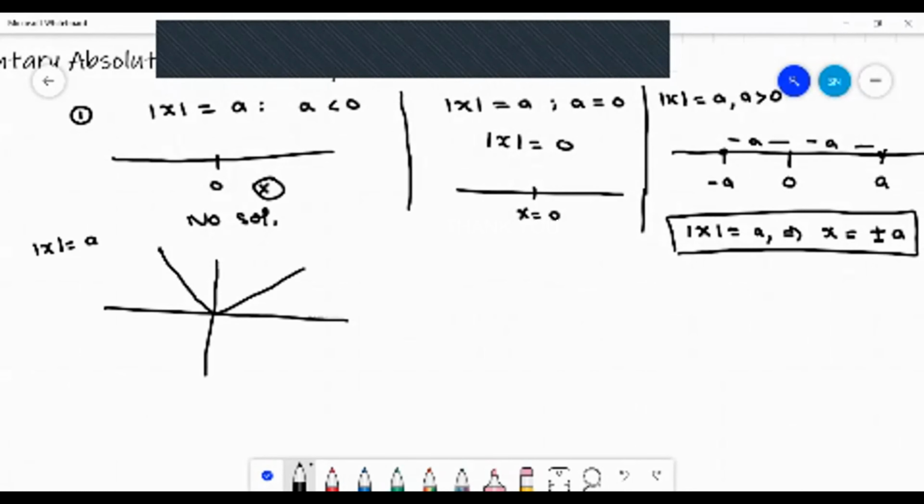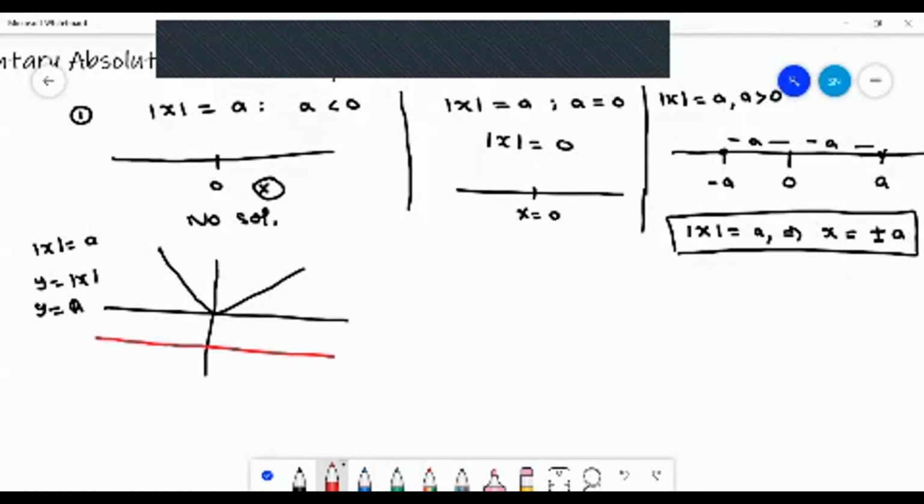The first one is y equal to modulus of x, the second one is y equal to a. Here, given a less than 0, when a is less than 0, the line lies below the x-axis. So there does not exist any point of intersection of y equal to mod x and y equal to a.